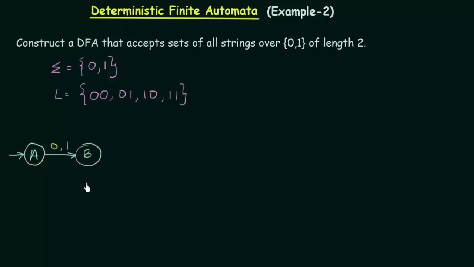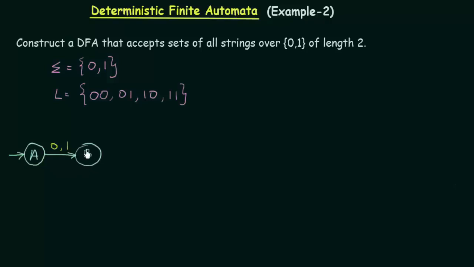The length of my string is 1. Why? Because I was in state A and I just came to the next state, so I got an input of either 0 or 1.